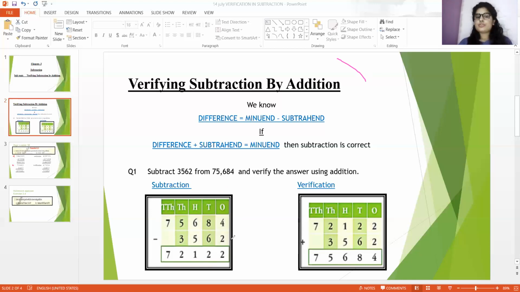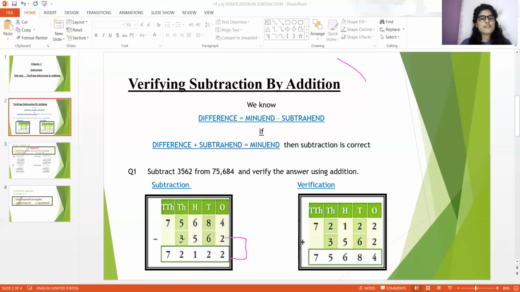To check whether my answer is correct, I will just add the last two numbers. The last two numbers here are 3,562 and 72,122. Let's add these two numbers.